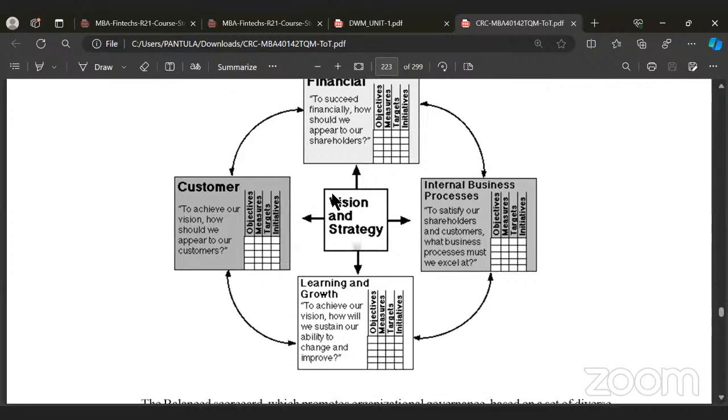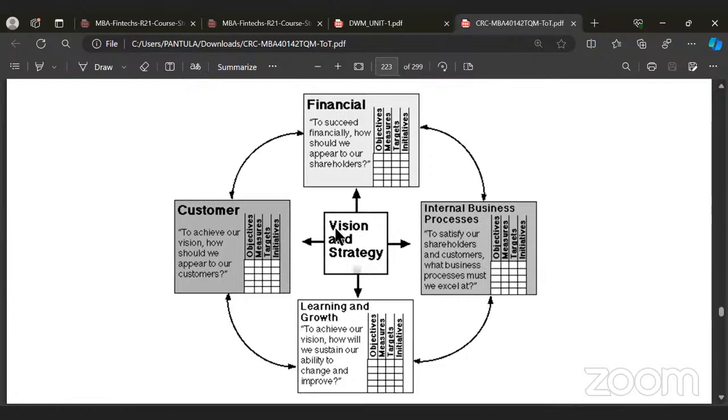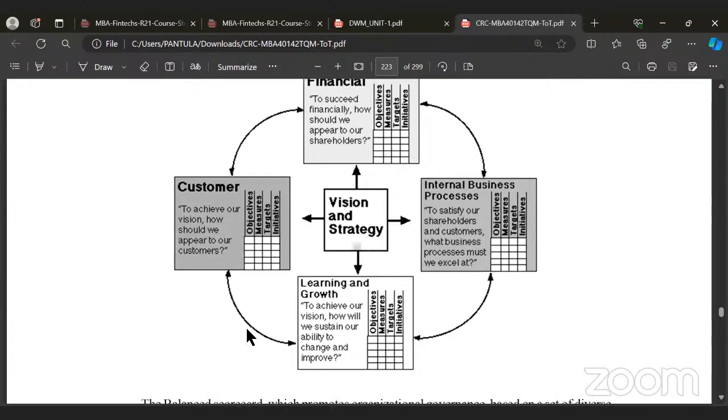In that vision statement, customer, internal business process, learning and growth, and financial aspects are there. Objectives, measures, and targets are integrated to achieve the vision and strategy. For internal business process: objectives, measures, targets, and initiatives. Each and every aspect we write down, and we make the scorecard.